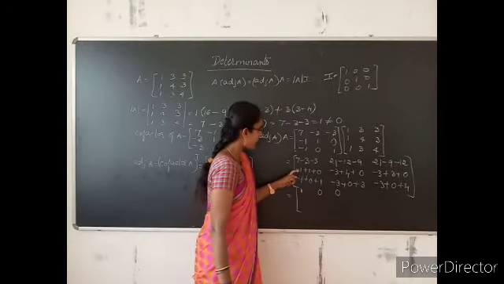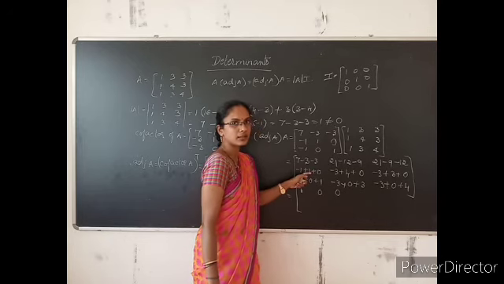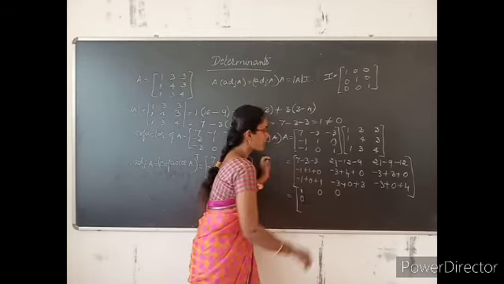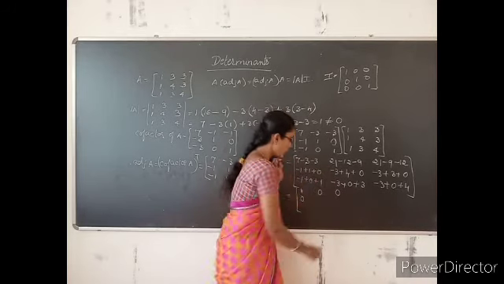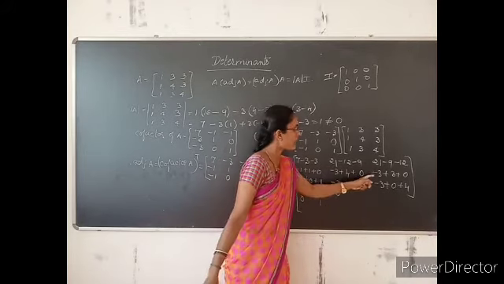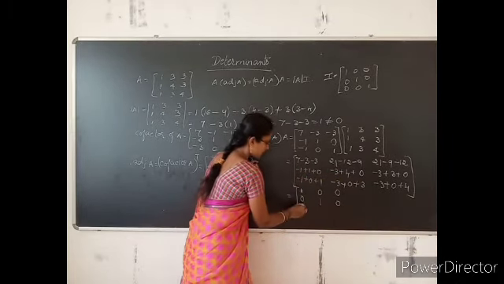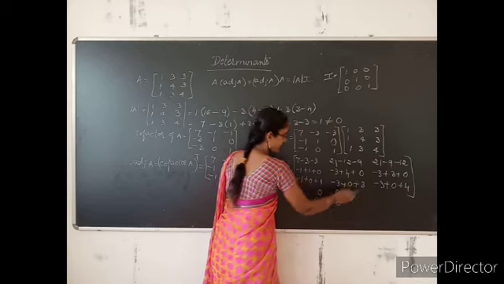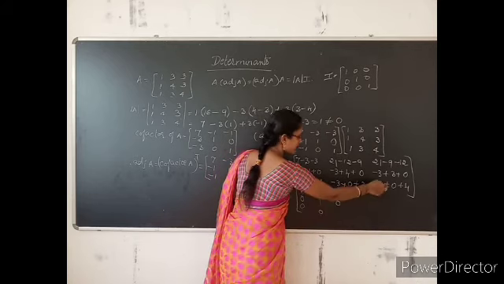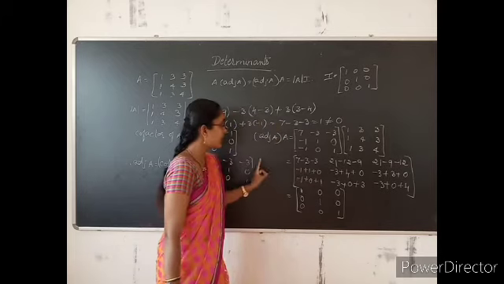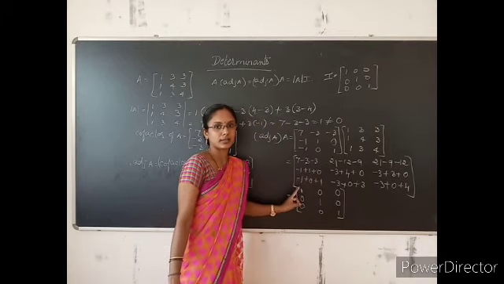Then minus 1 plus 1, minus 1 plus 1 is 0 here. Minus 3 plus 4, 1. Minus 3 plus 3, 0. Minus 1 plus 1, 0. Minus 3 plus 3, 0. Minus 3 plus 4 is 1. So this is adjoint A into A.